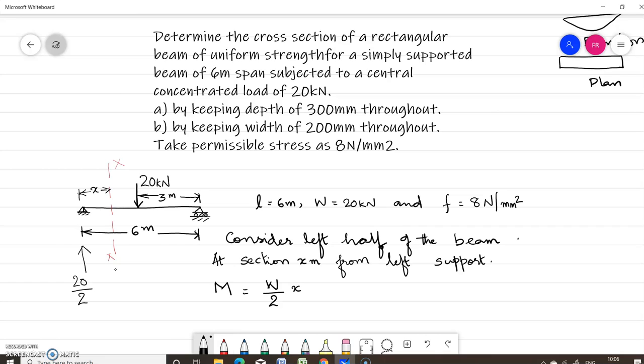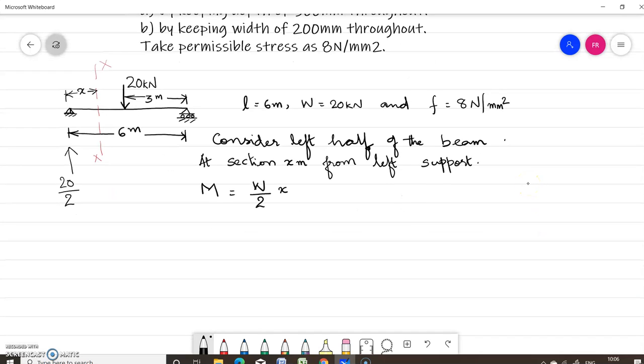Now what is the bending formula? M equal to Fz. Now let us substitute that here. We have got M equal to W by 2 into X at the section, equal to Fz.